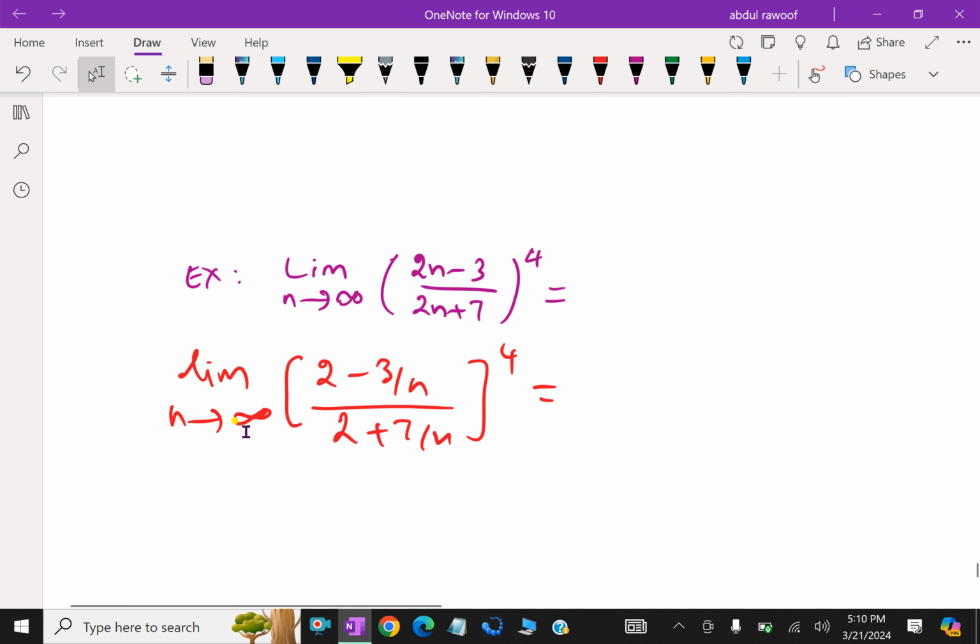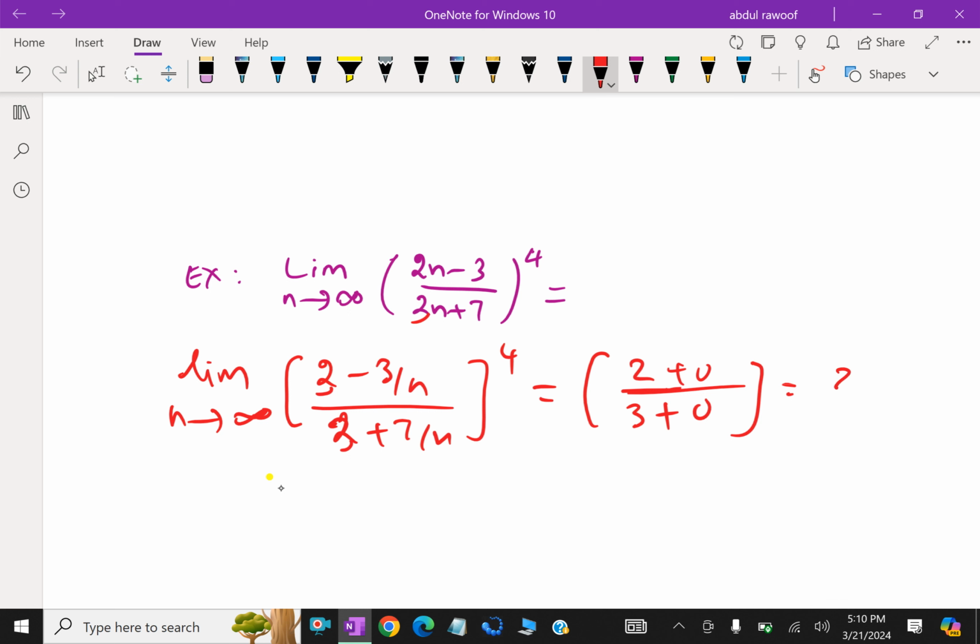Applying the limit, n is infinity, 3 over n is 0, 7 over n is 0, which becomes (2 over 3) power 4, that is 2 power 4 is 16, 3 power 4 is 81. So we got the result.